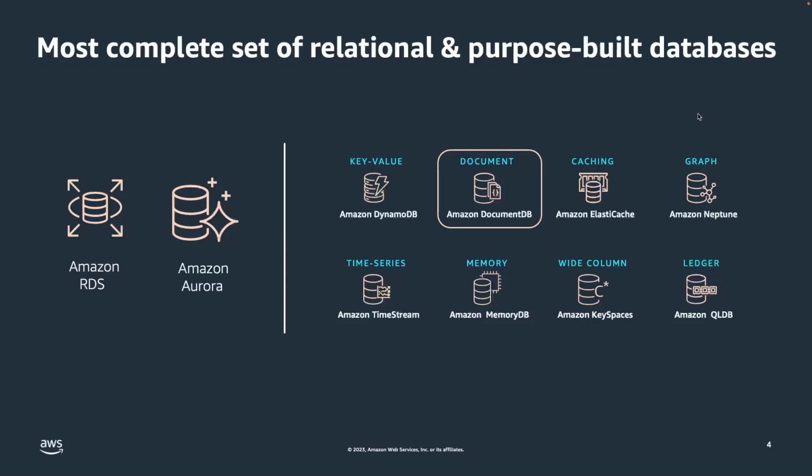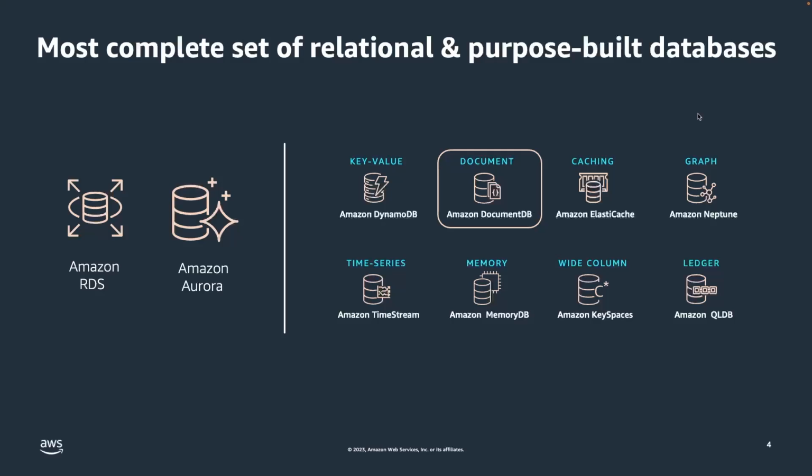Then in the non-relational section, for those customers that want to move away from self-managed non-relational document and key value stores such as MongoDB, Redis, and Memcached, AWS offers DynamoDB, DocumentDB, and ElastiCache in that area.